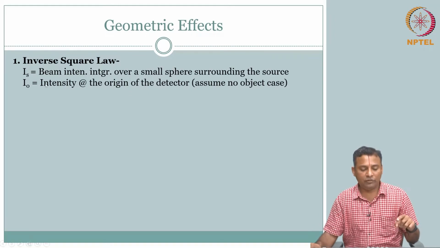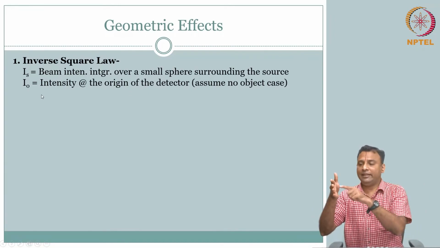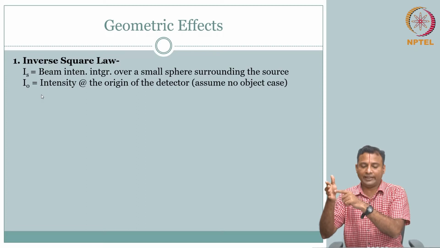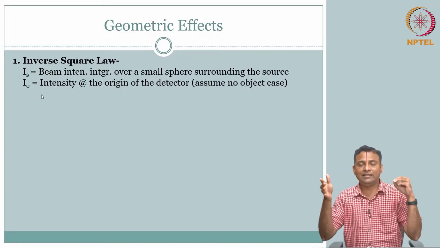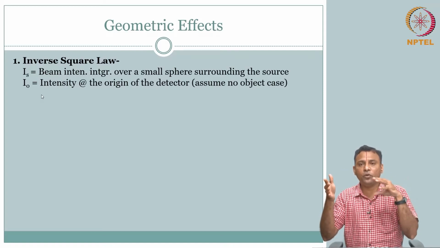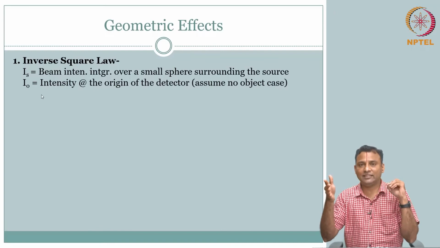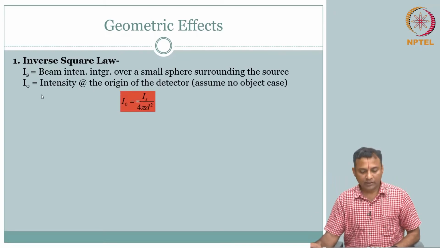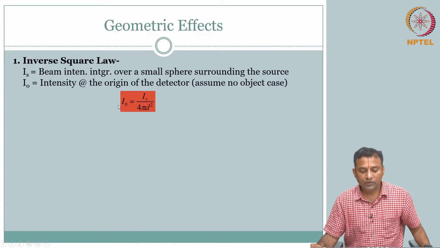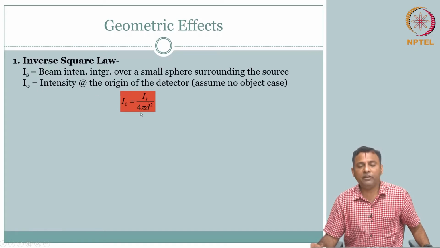So if you call I naught the intensity at the origin of the detector plane, because this is diverging and the intensities go down as the square of the distance, then your I0 is Is by 4 pi d square.